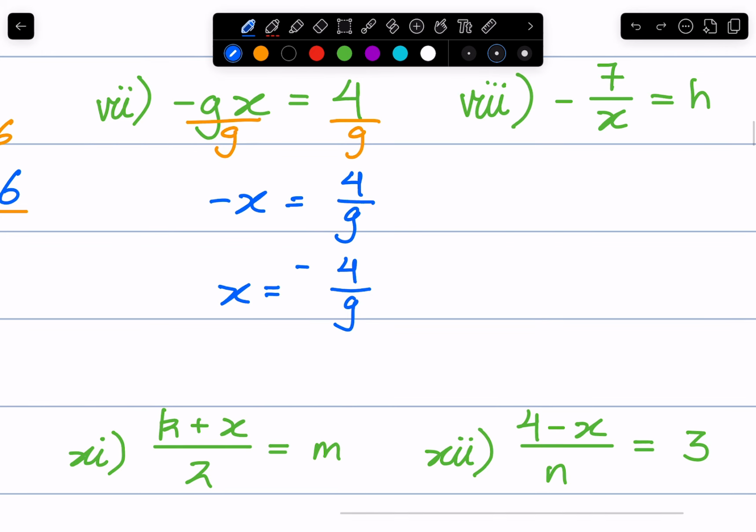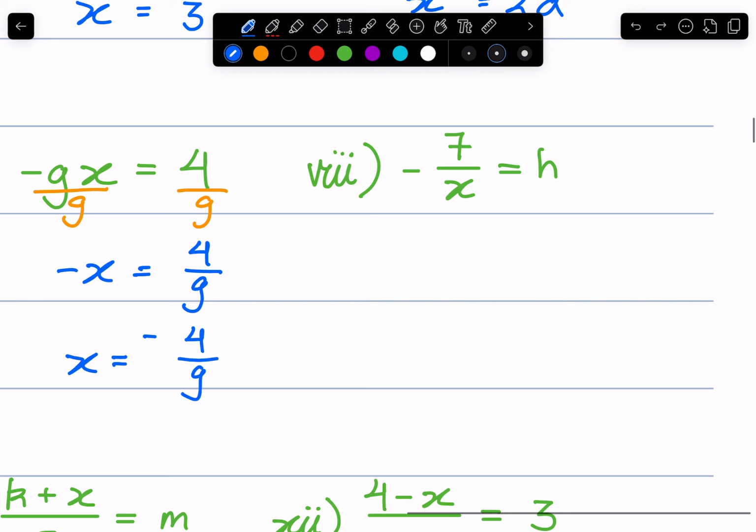Okay, let's move on to this last example for this video. For this one, we can do this in 2 steps. We're going to multiply by x first. By multiplying by x, it cancels out with this x.